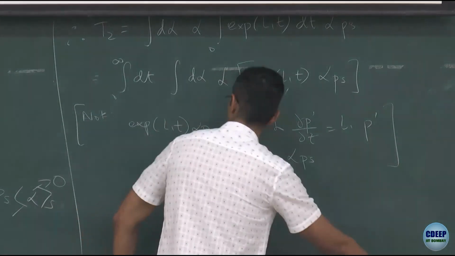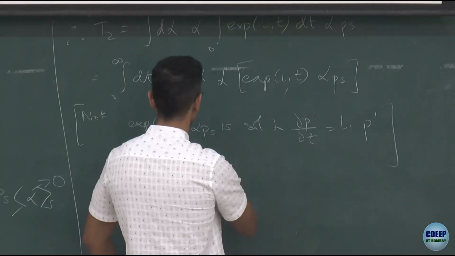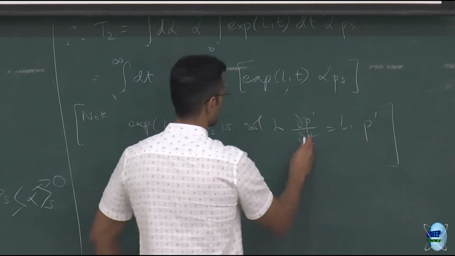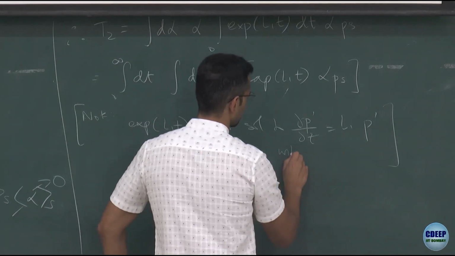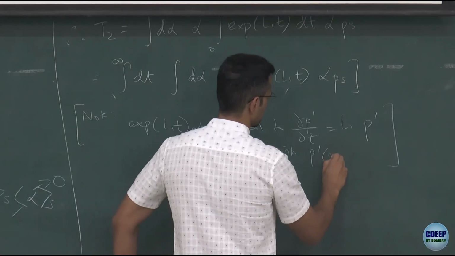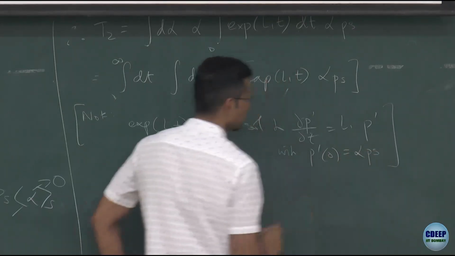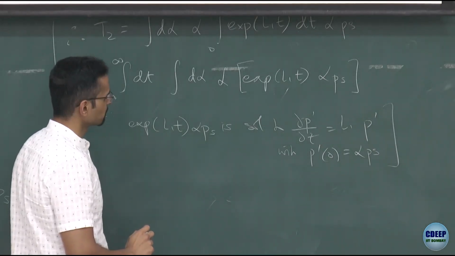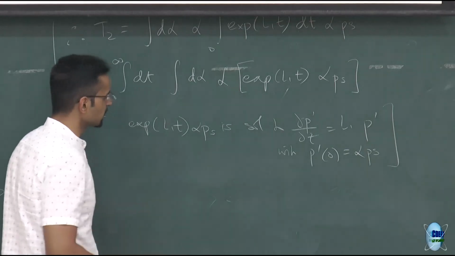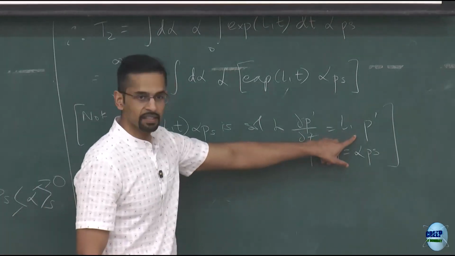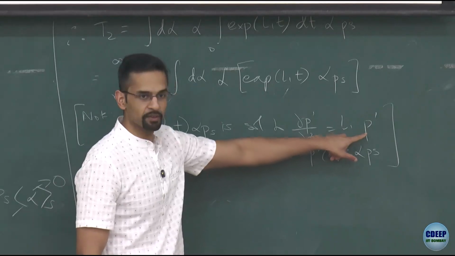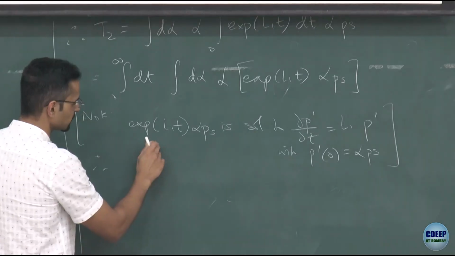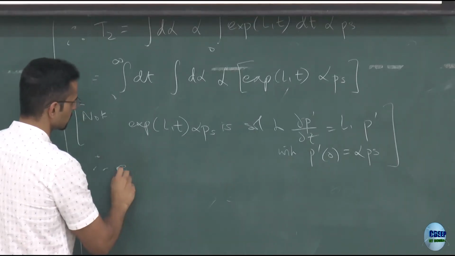Let me say this properly. Yeah, this is okay. Okay, so why do I say that? Because if you consider this equation, dou p prime by dou t is equal to L1 p prime, I'll write it this way and then it will be clearer.